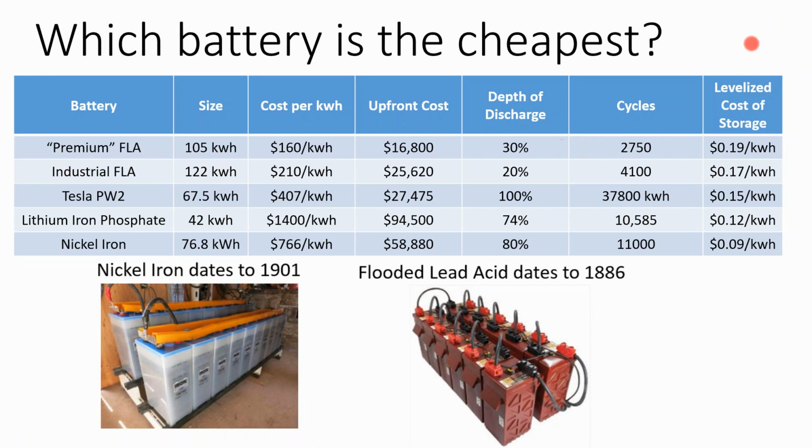And so basically, to get this last number, the levelized cost of storage, you would look at how much you are cycling your battery on an average basis. What is the cycle rating of that battery? So you take how many kilowatt hours you're drawing out of the battery and how many cycles it's warranted for, and that'll give you a dollar per kilowatt hour levelized cost of stored energy.